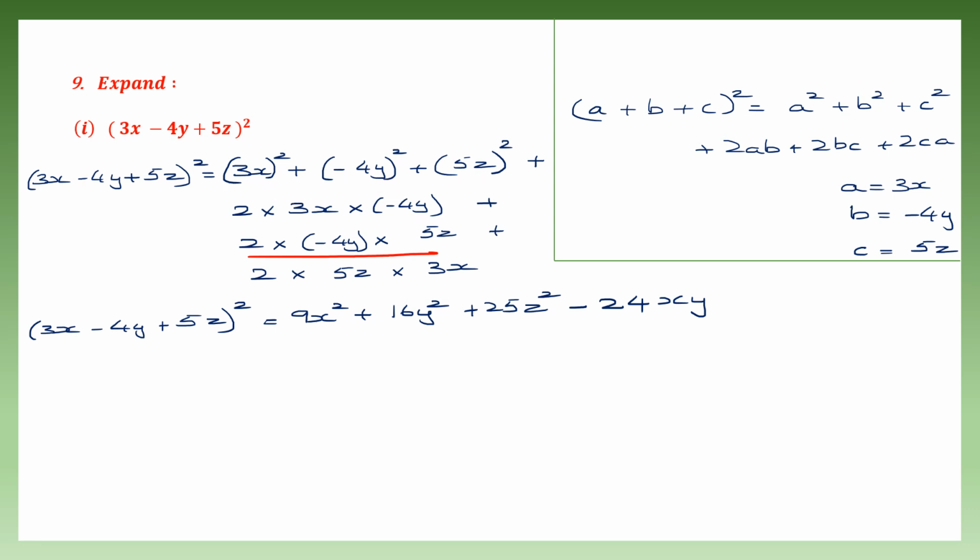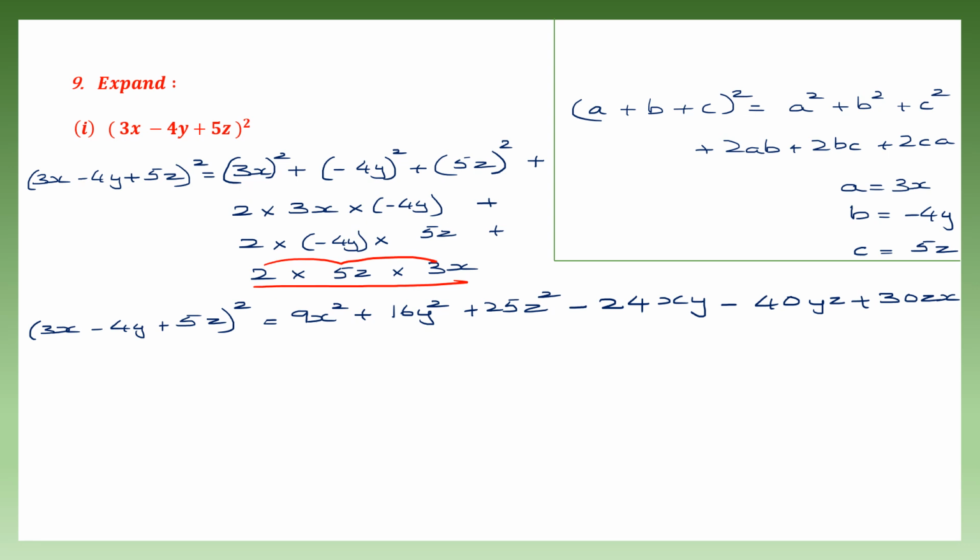Let's multiply the numbers. 2 into 4 is 8. 8 5s are 40 with a minus sign. So that is minus 40. And what are the letters? Y and z. Then let's go to the next one. That is this last set. Let's multiply the numbers. 2 5s are 10. 10 3s are 30. So that is plus 30 and zx.